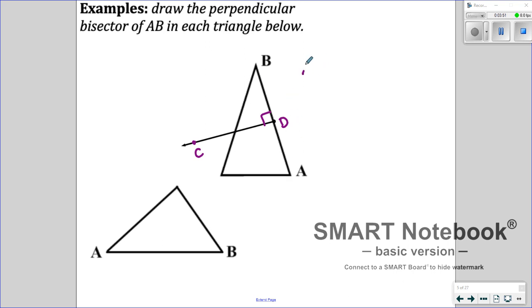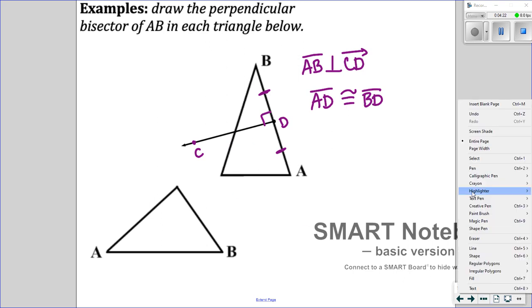And I'm just going to write that here. AB is perpendicular to CD. Actually, I'll put ray CD. So that means AD is congruent to BD. So those 2 segments will be congruent to each other because of the perpendicular bisector.